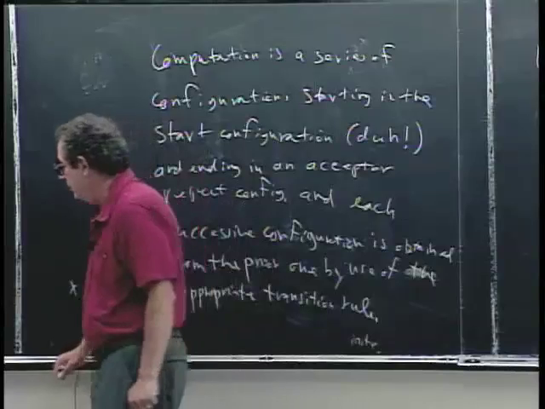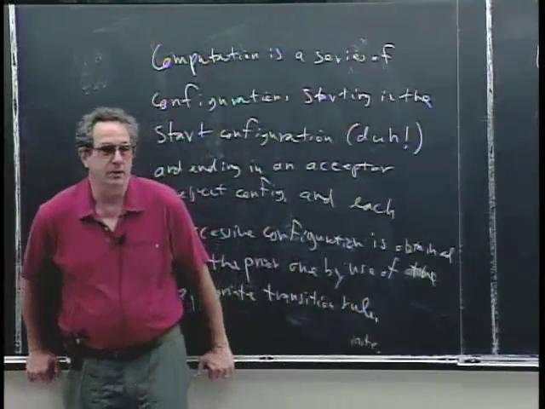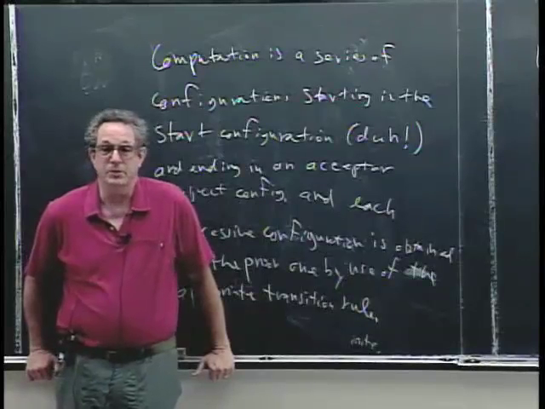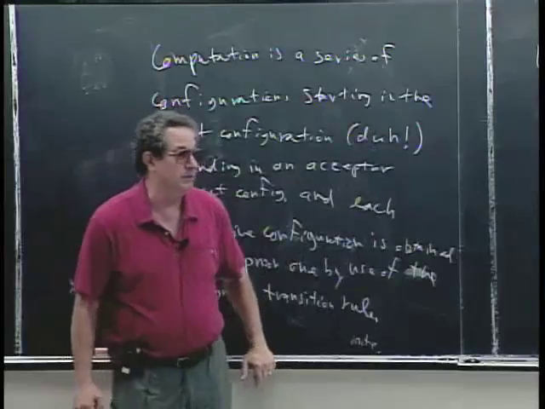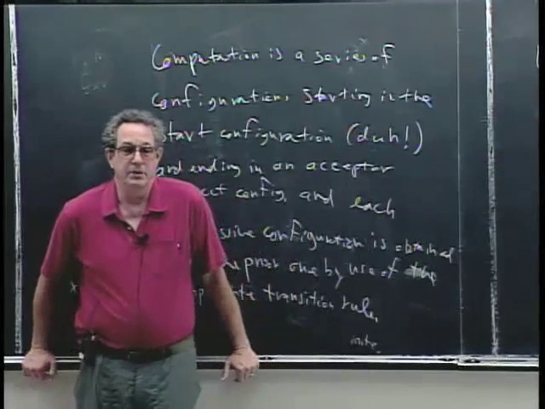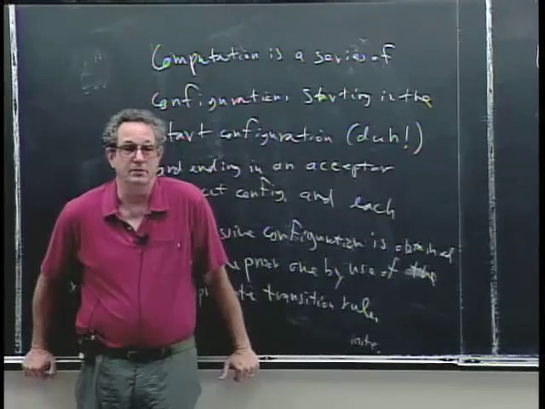We terminate if you end up in a reject state or an accept state, but you could certainly have Turing machines, specified by exactly what we talked about over there, with a particular input where the Turing machine just keeps going.